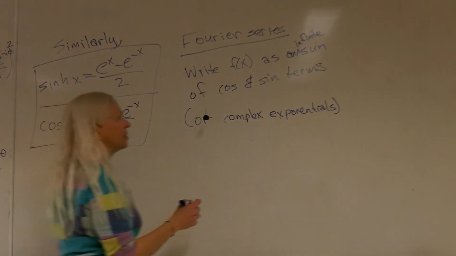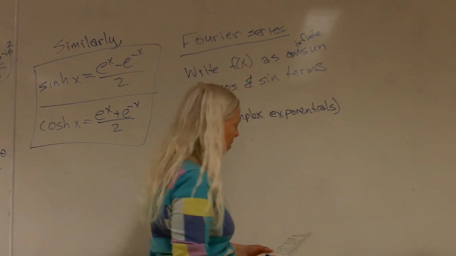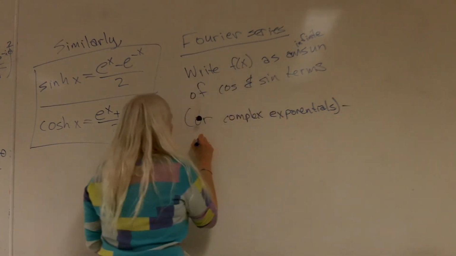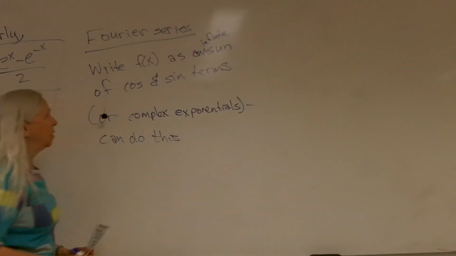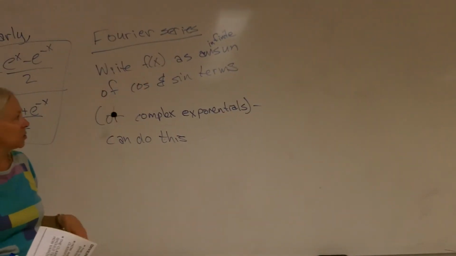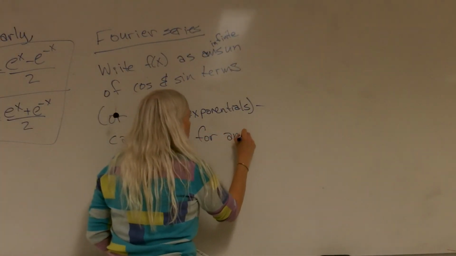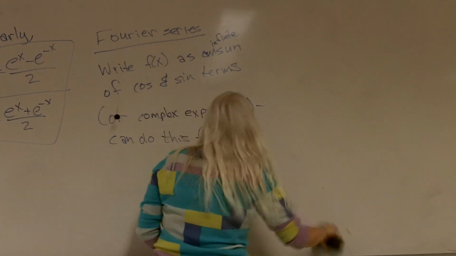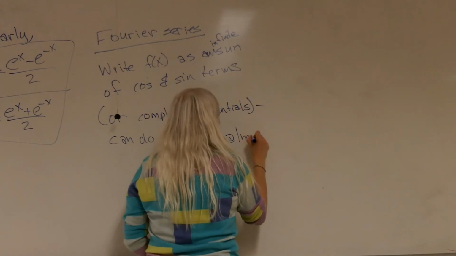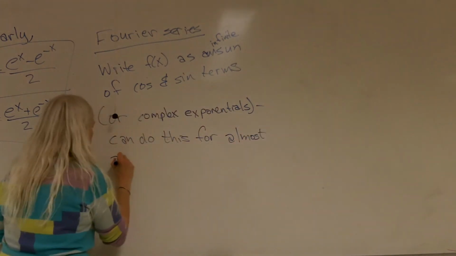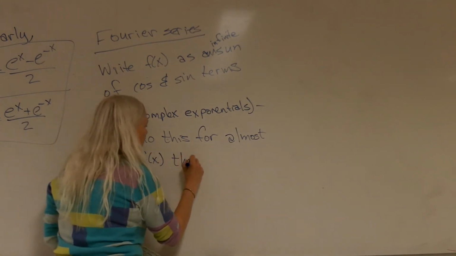Before we actually write the series, though, it's going to take us a little while before we get to the point of actually writing this down. Let me point out there are some restrictions on the functions that can be written this way. There are some more detailed conditions that we'll talk about later, but for now, let's say almost any function f of x that is periodic.